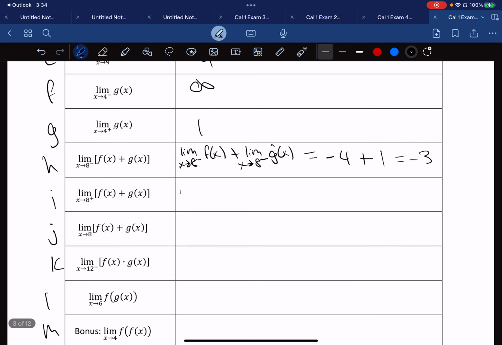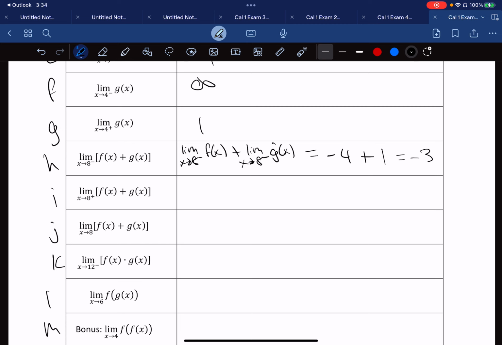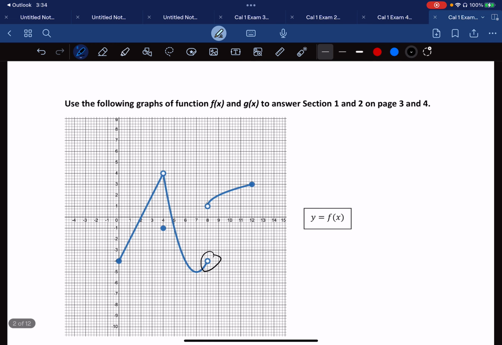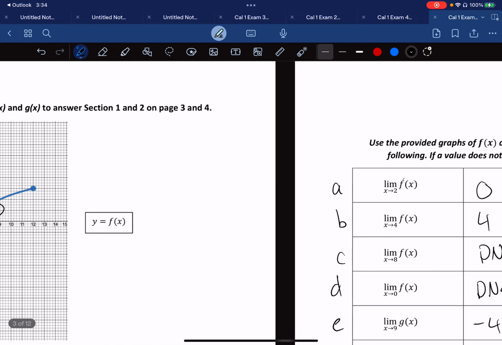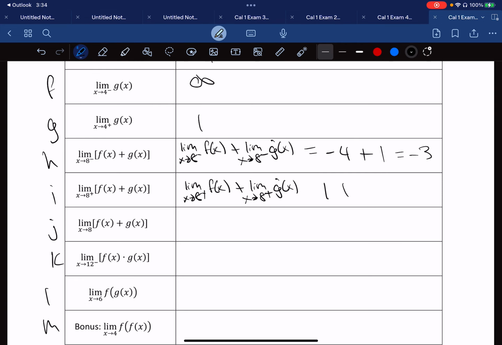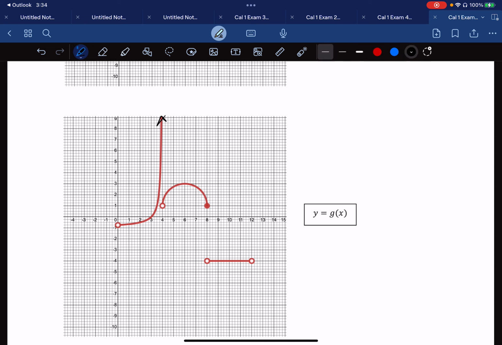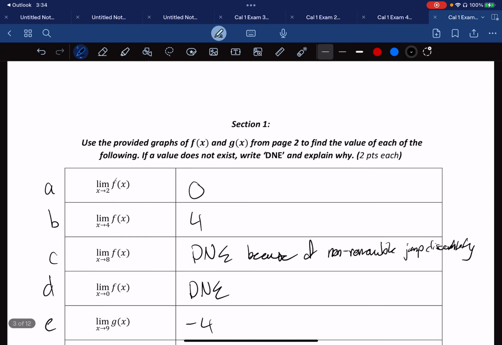So this is saying the same thing, but instead of approaching 8 from the left, it's going to be approaching 8 from the right. So just to speed up this process, I'm just going to copy and paste this. And let's just change the signs here. Alright, so as x approaches 8 from the right, and not from the left, it's going to be at 1 for f of x. So 1 plus, and then for g of x, from the right, it's going to be -4.